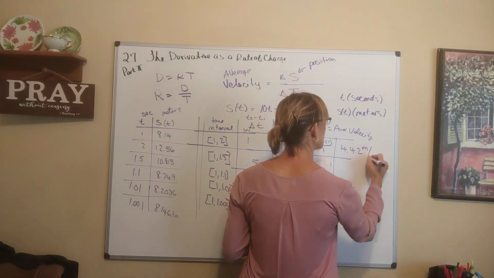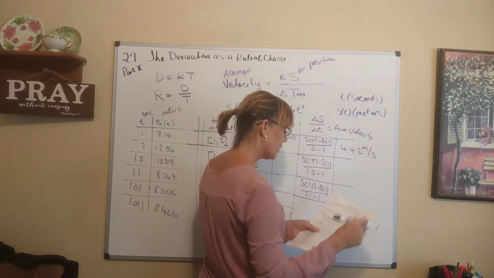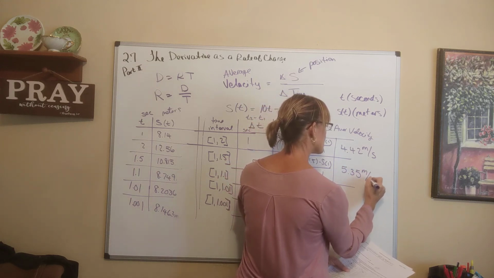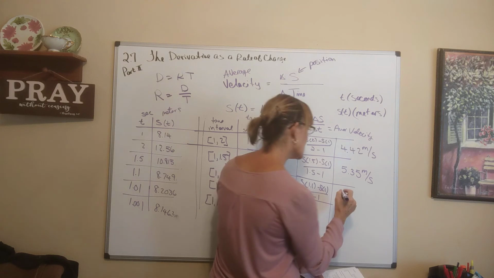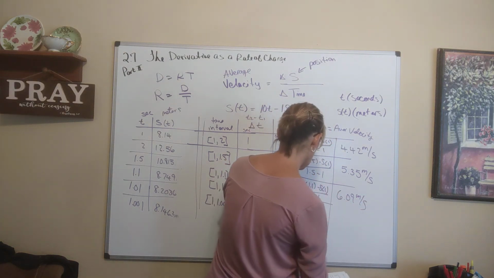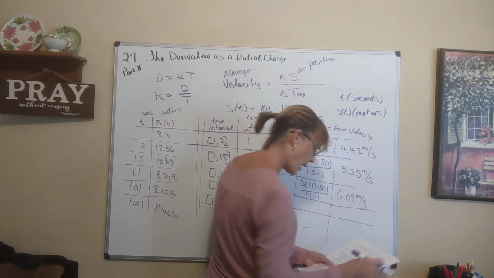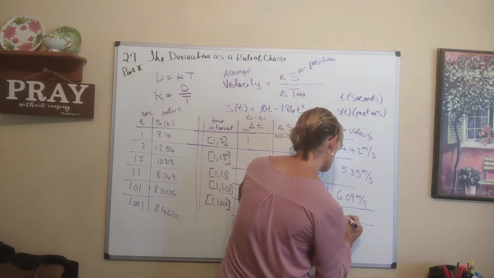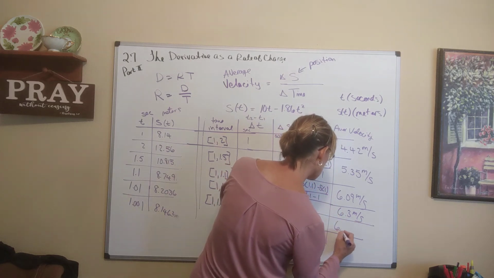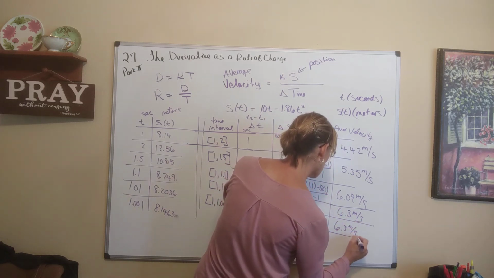Right here, you would get 4.42 meters per second. Here I got 5.35 meters per second. Here I got 6.09 meters per second. Here I got 6.3 meters per second, and here also 6.3 meters per second.